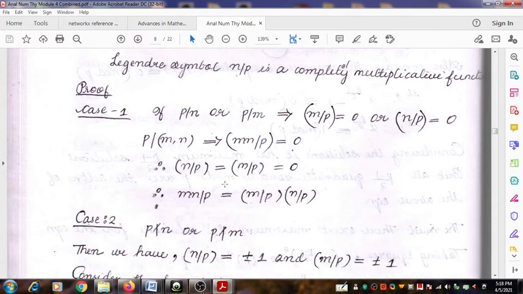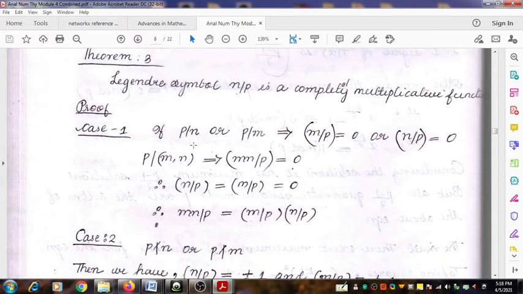In the first case, we can assume that p divides n. We are considering two numbers m and n, and in the first situation we suppose that either p divides m or p divides n. If p divides n, then (n bar p) equals 0.